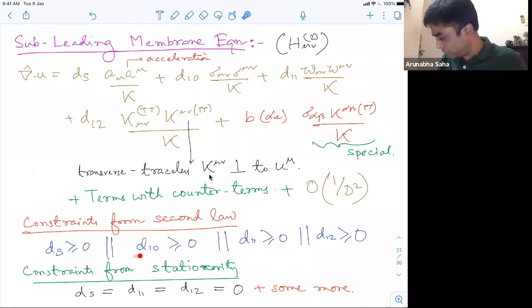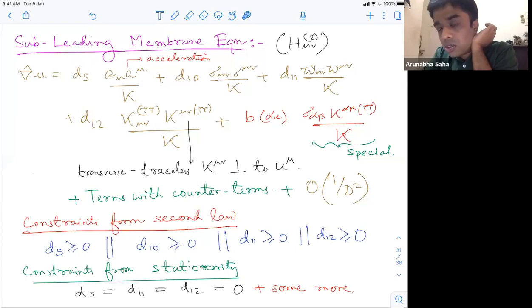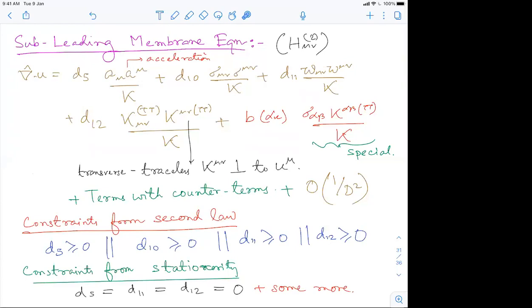Can I ask you a question? Yeah. Are you using these functional forms of these B's, explicit functions of D11 or D10 or D5? No. But that involves a kappa, right? That involves an extrinsic curvature. So while you are trying to find a counterterm, are you using those derivatives of those kappas?